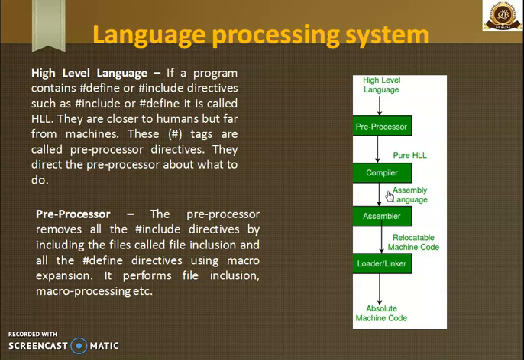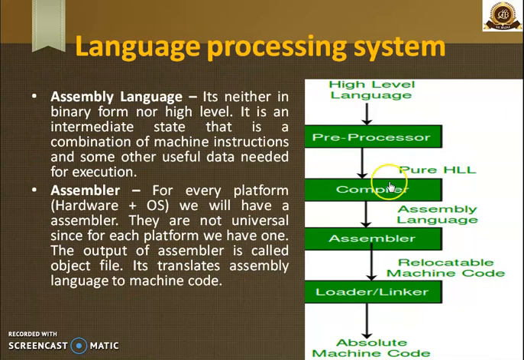So the main purpose of compiler is to convert a pure HLL into an assembly level language. As we know, assembly level language is neither in the form of zeros and ones, nor entirely in the high level language. So it is somewhat an intermediate language.